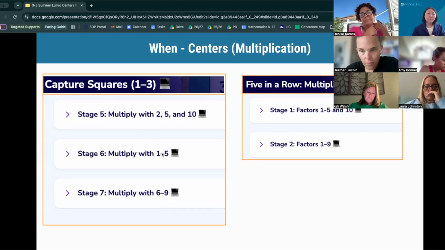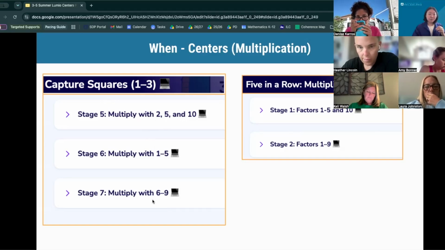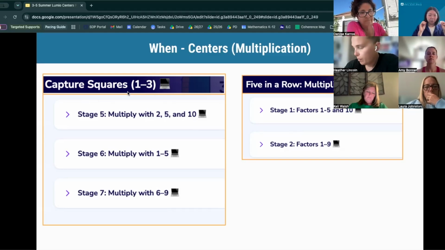When we go into our main room, Terry's going to show you how you can assign these centers. One of the things is 5 in a Row is ready right now for you to assign to students. Capture Squares is going to be one of the centers that we do make into Lumio. It's mostly ready. All we're waiting for right now is, with Capture Squares, there's a spinner and a dice, a number cube element to it. Right now, we're waiting for Lumio to release their spinner and their number cube function.